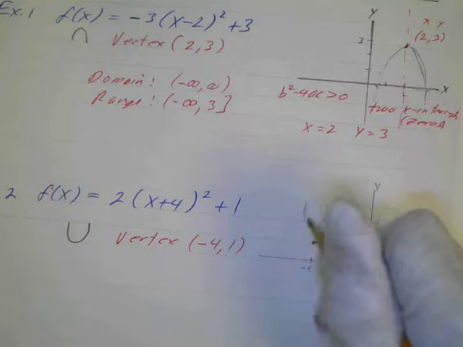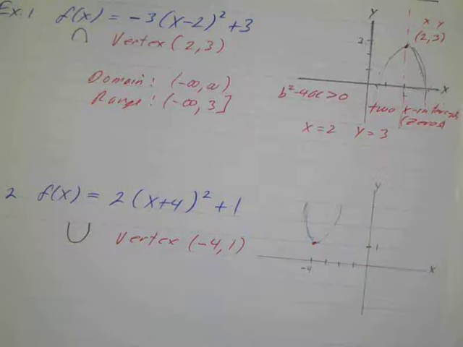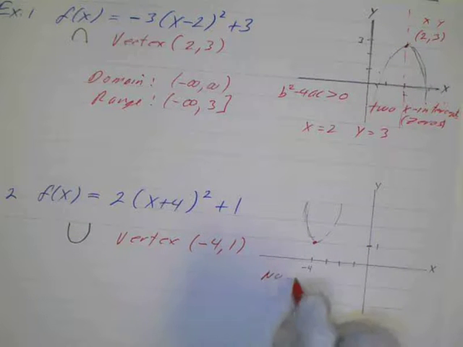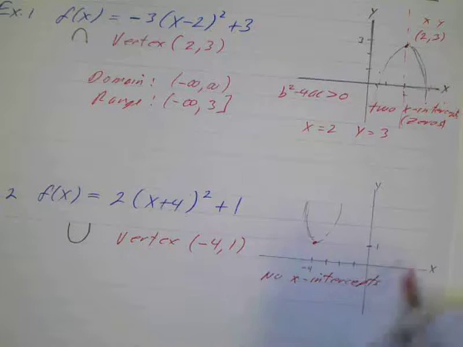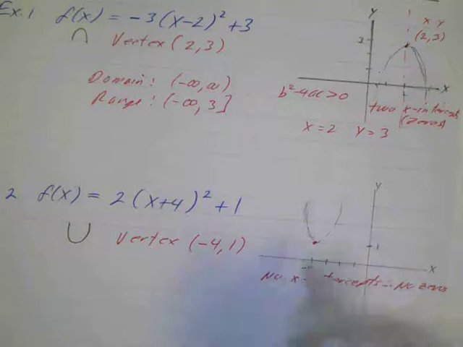So does it have any intercepts? No. So it has no x-intercepts, and therefore no zeros, because the x-intercepts are the zeros.